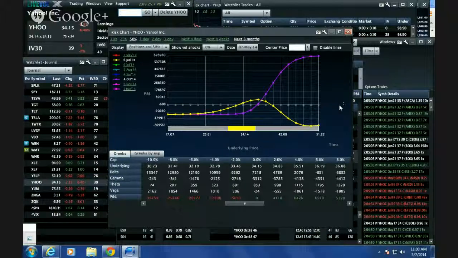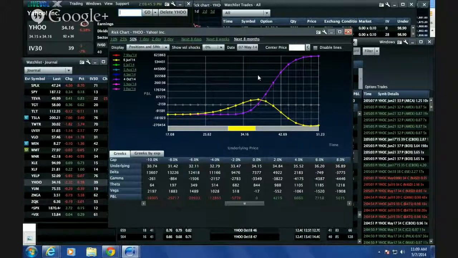So what's interesting about this is he has a call spread, but he's subsidizing it by saying, hey, I don't think Yahoo is going to go too much in the next 3 months. So his trades are basically saying it's not going to move for the next 3 months, and then after that it's going to go up, and that's what he's putting on.